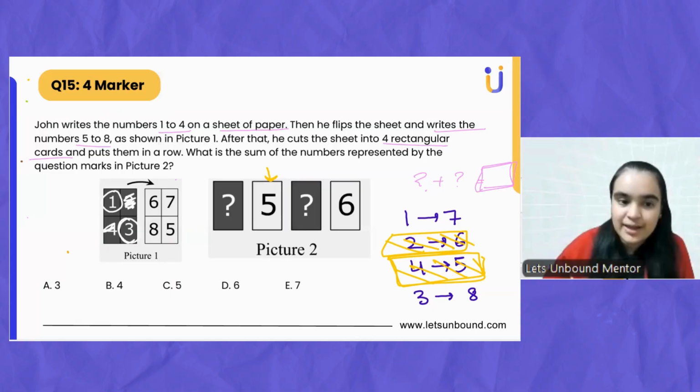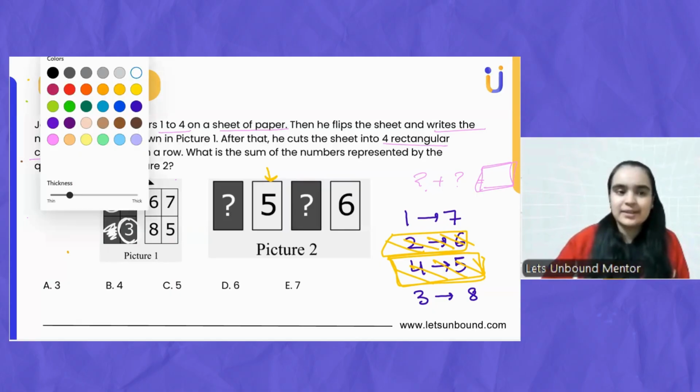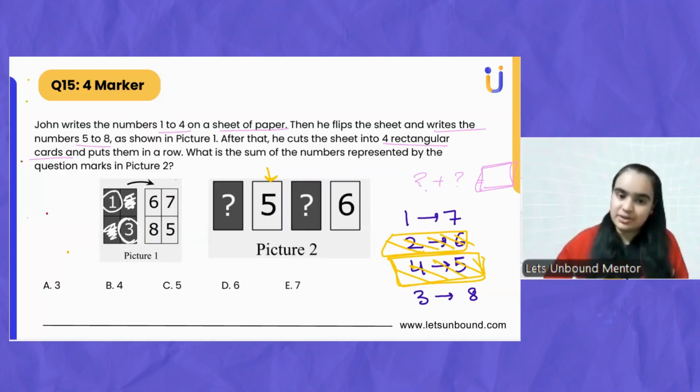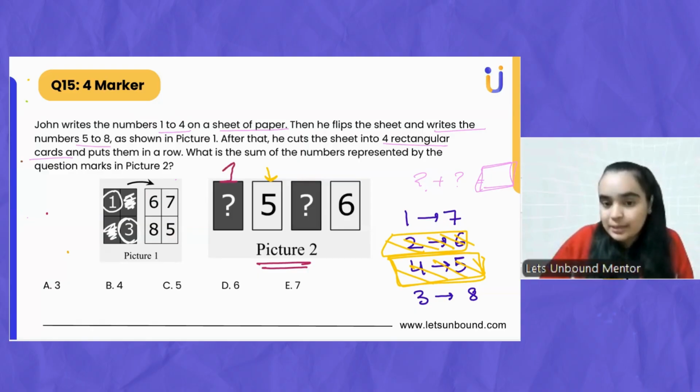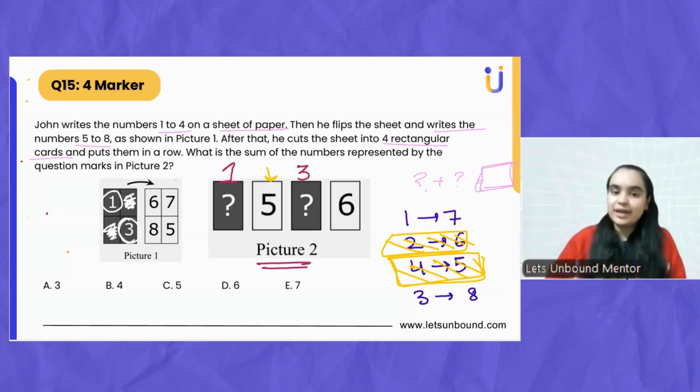Because 2 and 4 are behind 5 and 6, which are already there in picture 2. Correct? So that means we got our answer. In place of this question mark, we can have number 1, and in place of this question mark, we can have 3.